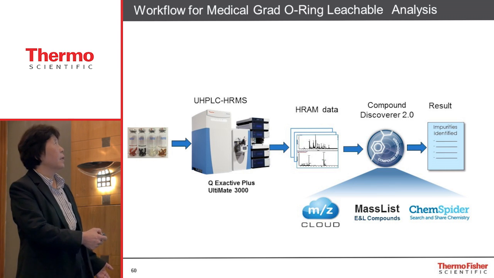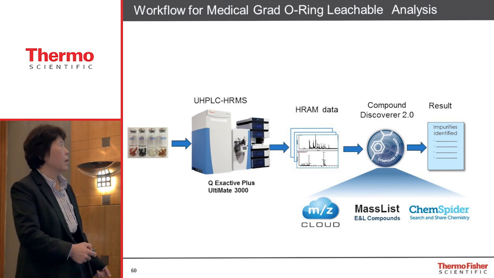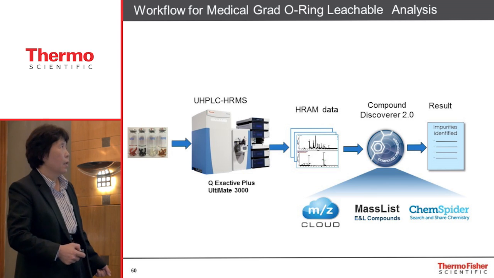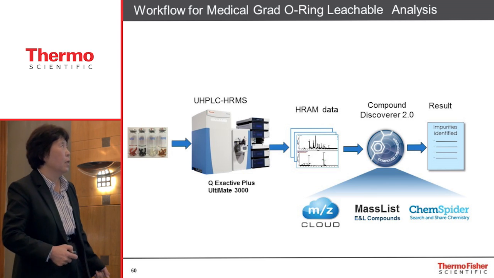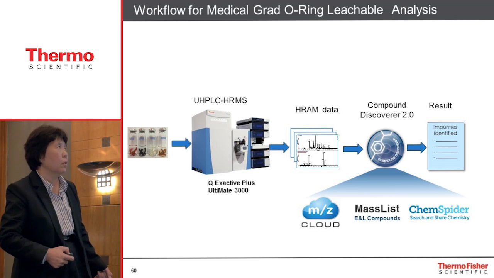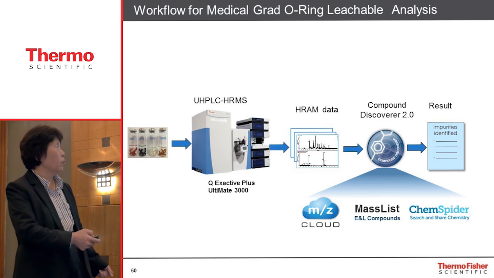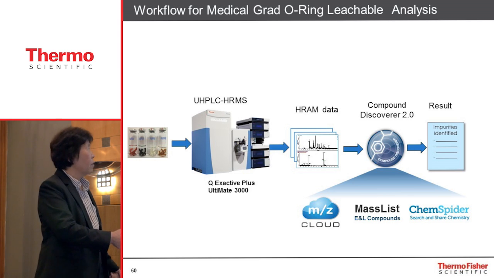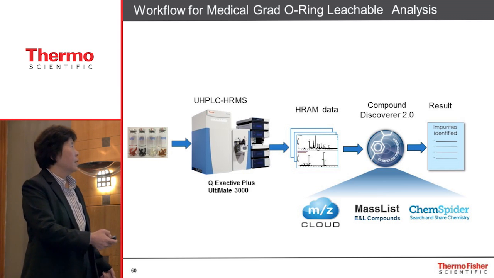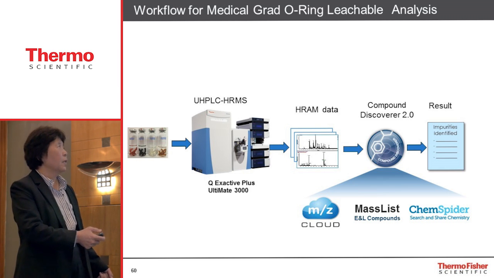I did the LCMS on the Q Exactive Plus, and it's very simple. We just shoot in and got a whole bunch of data. The important thing I want to say here is Compound Discoverer 2.0.